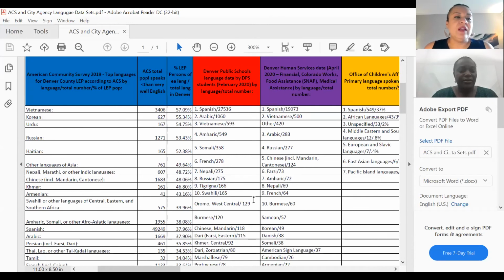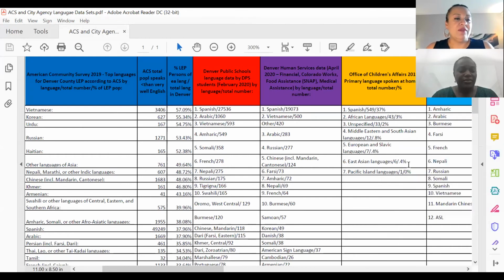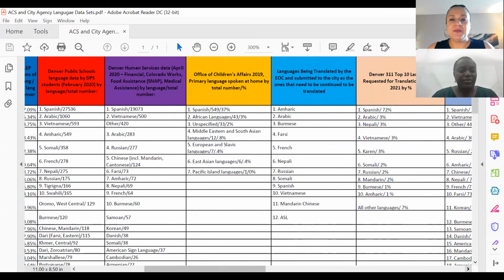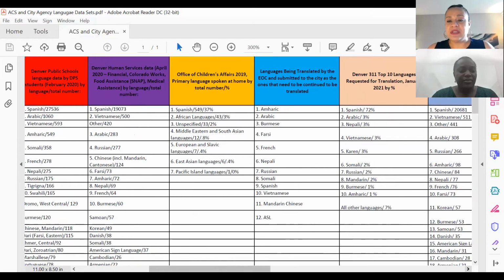So again, on your far left side, we have the American Community Survey. Again, the most direct data because it's part of a survey. The information is there. Right now, all we have is 2019. 2020 has not come out yet. But then on the right side, you see that we have Denver Public Schools, we have Denver Human Services, we have OCA, we have the languages that the EOC use, 311, and 911.